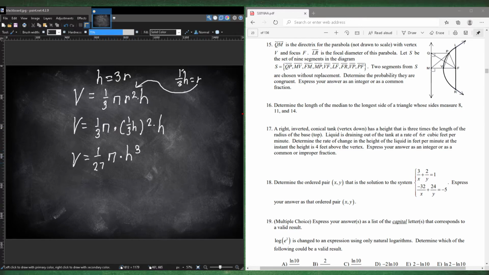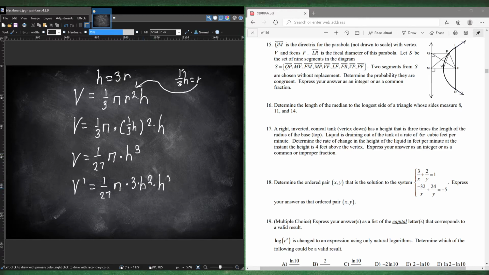So to find the rate of change of your volume, you've got to do a derivative. So V prime is equal to 1 over 27 times pi, because they're constants, multiplied by 3 h squared times the change in h. So basically, find the rate of change of the height per minute if the height is 4 feet above the vertex.